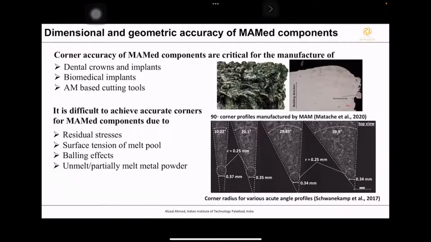Other anomalies are like layer warping. When you print one layer, in the meantime, that layer is exposed to the environment in the chamber, the argon gas or nitrogen gas environment. So that layer starts solidification, and in the meantime, the recoater blade does the recoating on the surface.